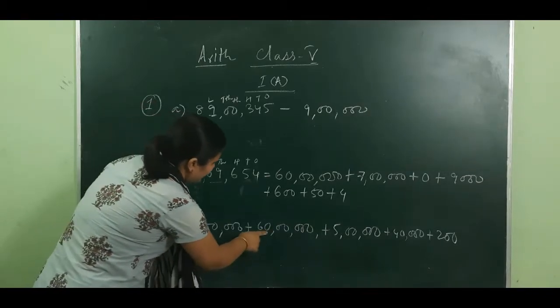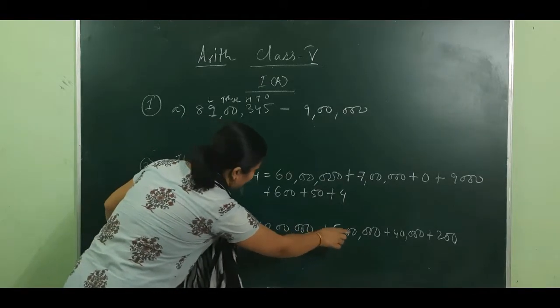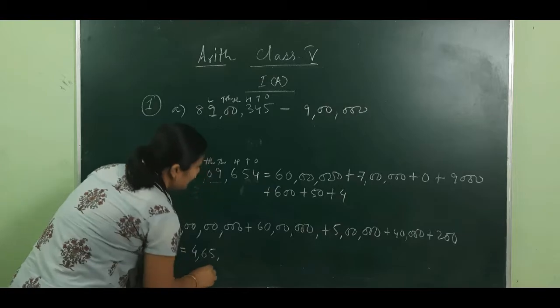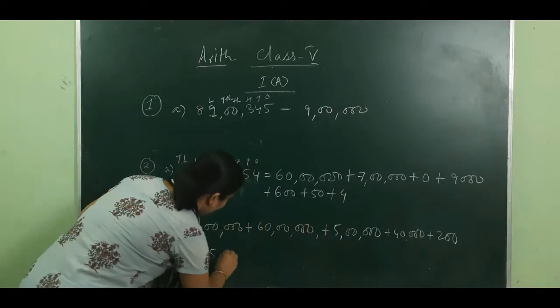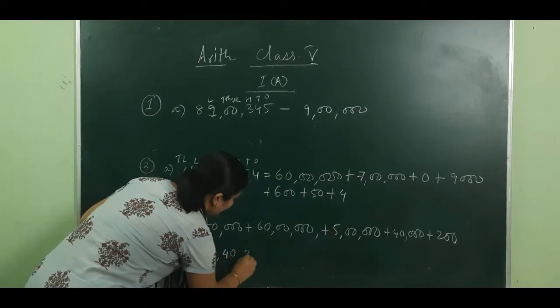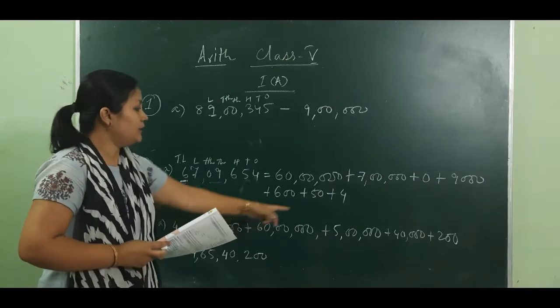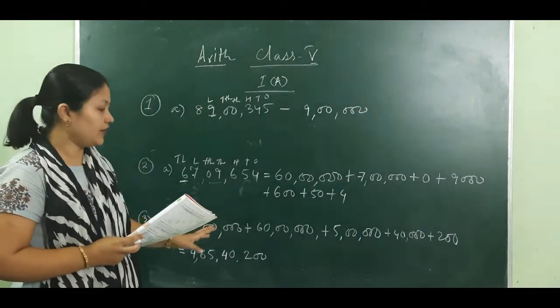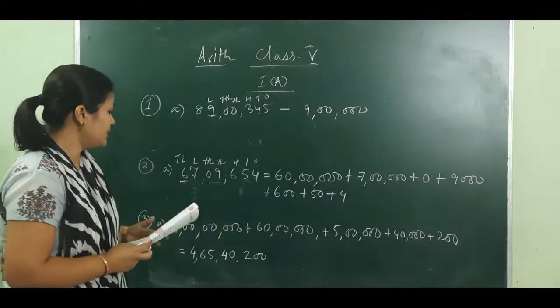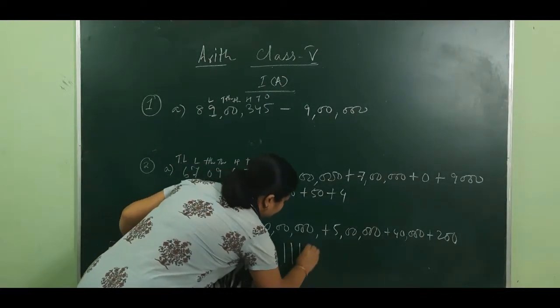Then we have 60 lakhs, then again here 5 lakhs, so 65 lakhs, then 40,000 and 200. If you feel uncomfortable or have confusion writing directly like this, you can do one thing: you can make a table like this.